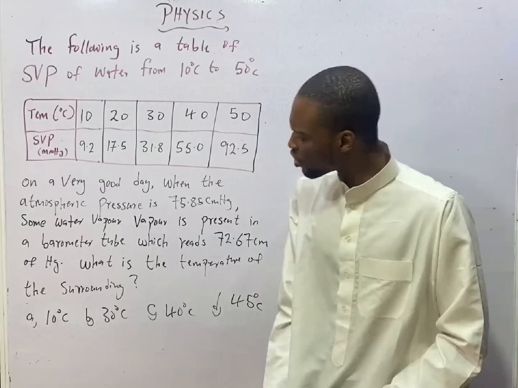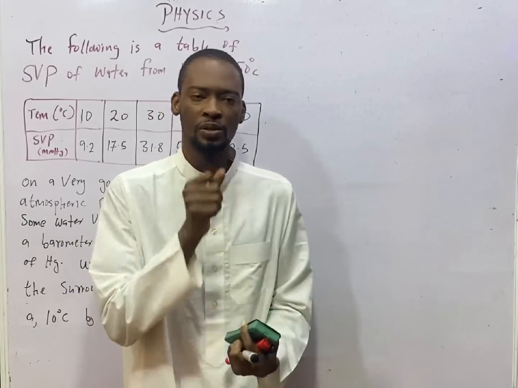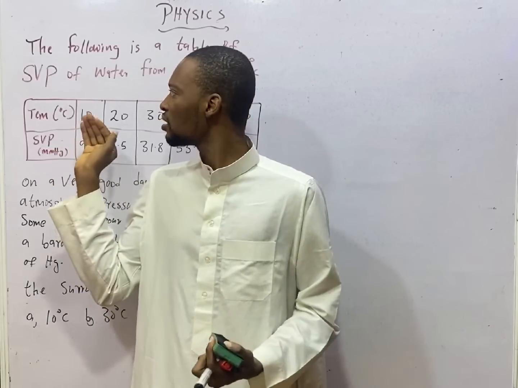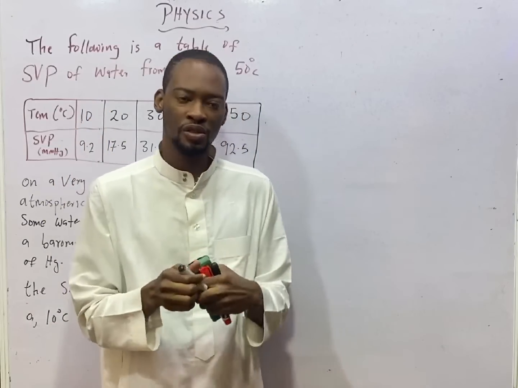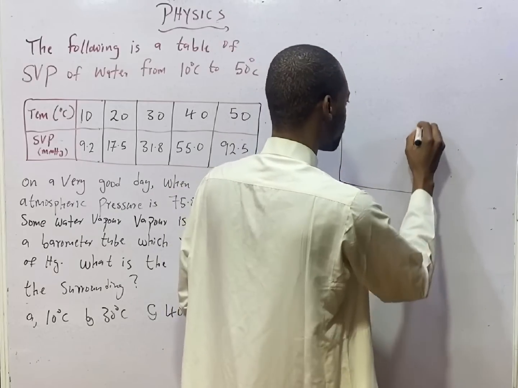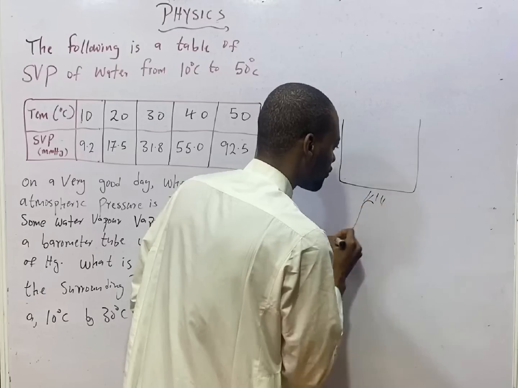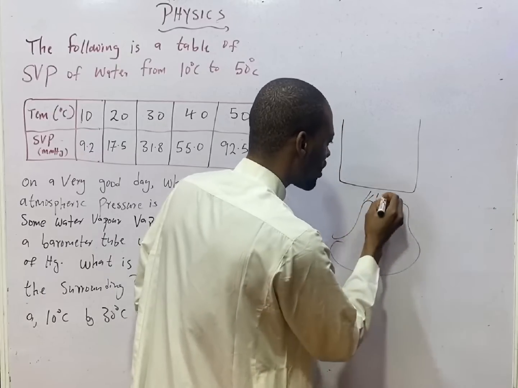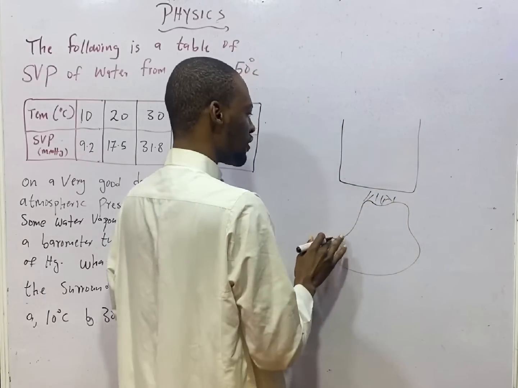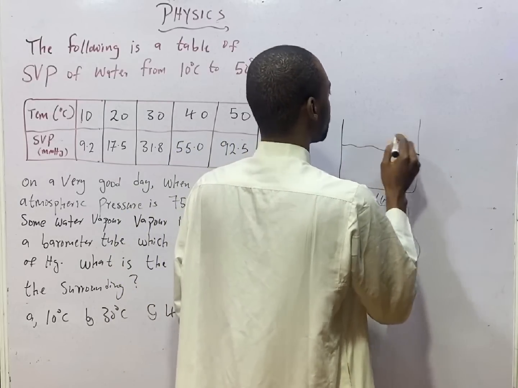Let me throw another light on saturated vapor pressure so that when you hear this word, it makes more sense to you. If this is a container, this is your stove or gas or source of heat, and the water level is here.